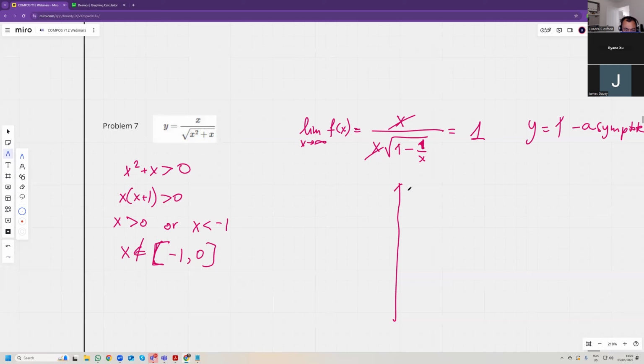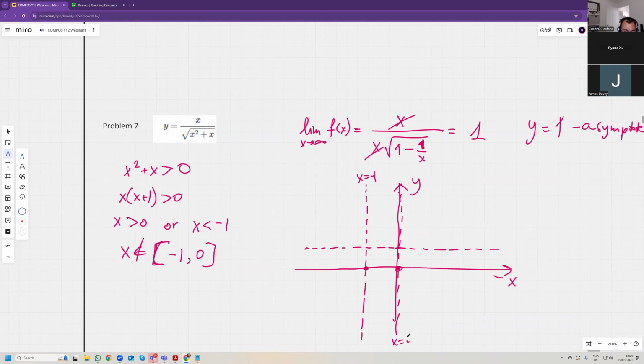Okay. So I'm running out of time here. And y equals 1, so that's this. And then it's positive when x is greater than 0, and it's negative when x is less than 0. So 0 and -1 are vertical asymptotes. x equals -1, x equals 0.